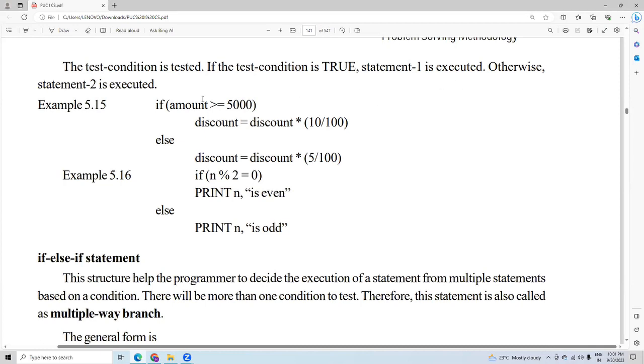So now you see, if amount is more than 5,000, this formula will work, and the part which is present in the else will be cancelled. One more thing, see, if n modulus 2 is equal to 0, they have written one print and then else, after that one more print is there. Now in this case, if this condition is true, this message will be printed, otherwise this message will be printed.